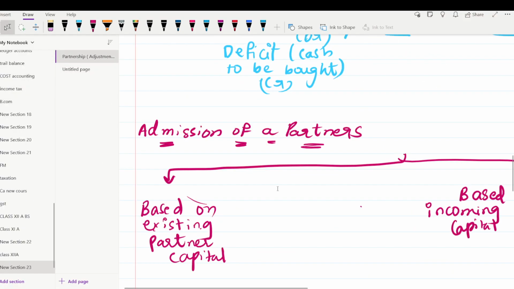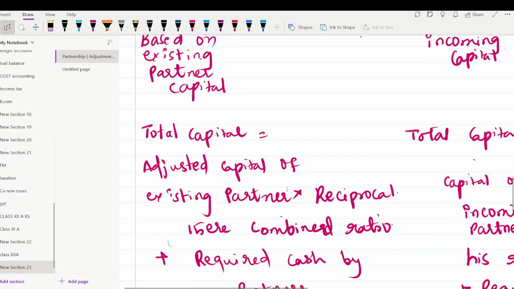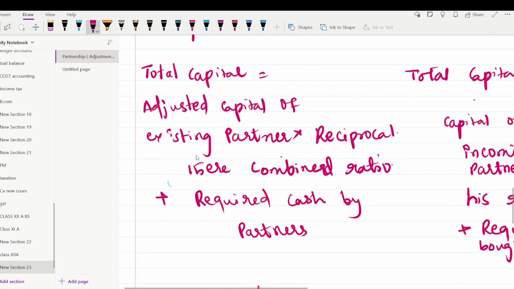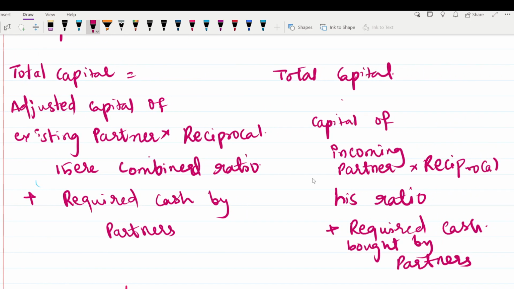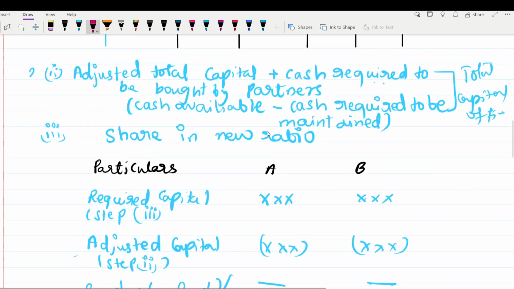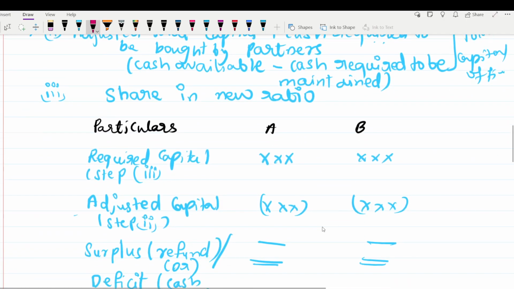Then you will distribute it in the new ratio, that is 2:1:1, and do the same steps we have done here. This step is similar, this step will also be the same.